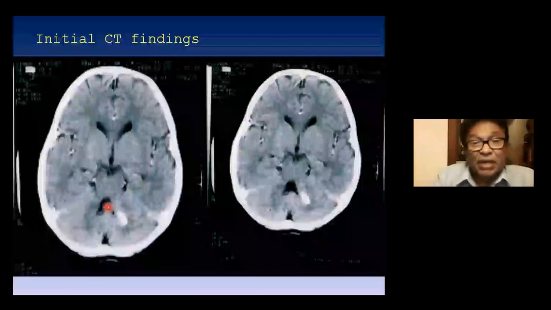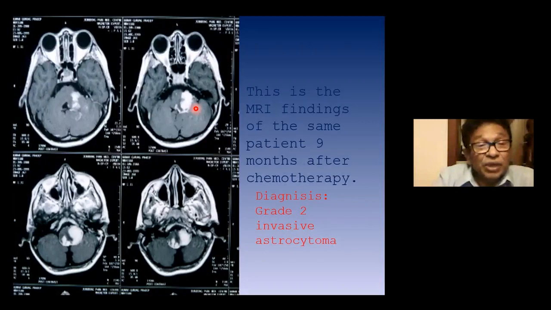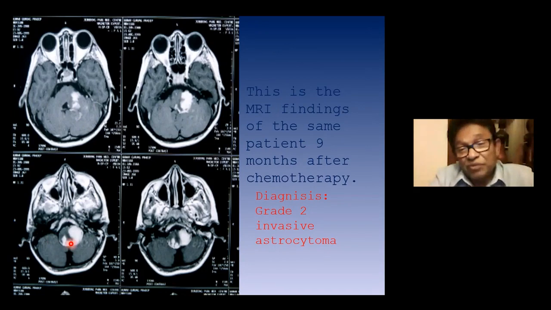When we did the MRI later, you can see the child has a lesion in the cerebellum. You can see that it is infiltrating, and it also involves the brain stem as well. So this child has an infiltrative disease. The MRI findings 9 months later gave a diagnosis of grade 2 invasive astrocytoma.